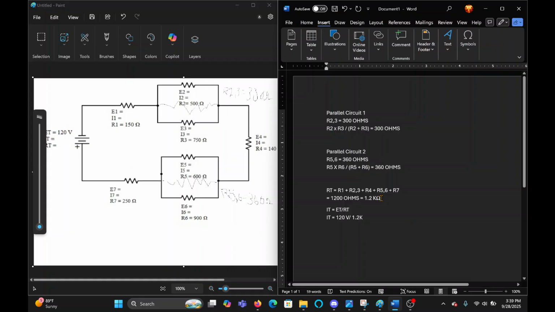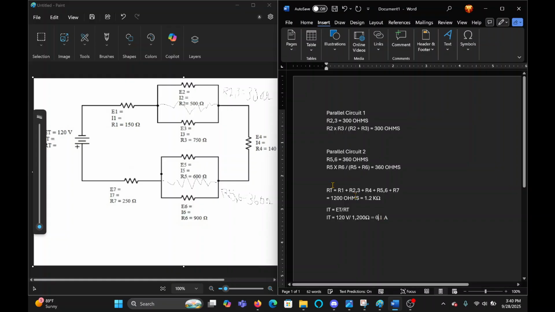You could also put it in the base unit, 1200. So it's 120 divided by 1200, which looks a little bit easier, and that's going to equal 0.1 amp.